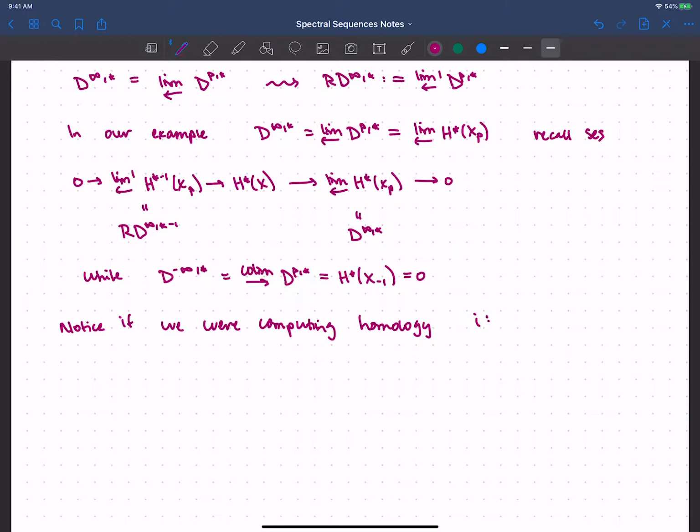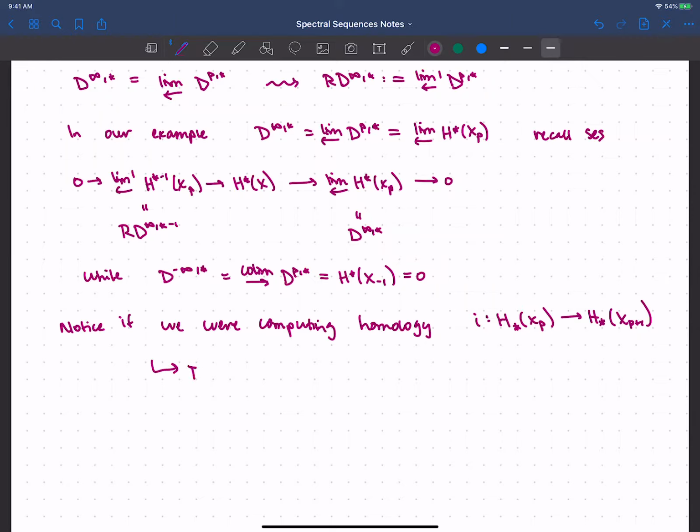Well, really, I would have i goes from h star of x p, and that now, oops, I'm so used to writing cohomology. That maps to the homology of x p plus 1, right? And so that colimit would just be the colimit of the homologies of these pieces, and that would be our homology.